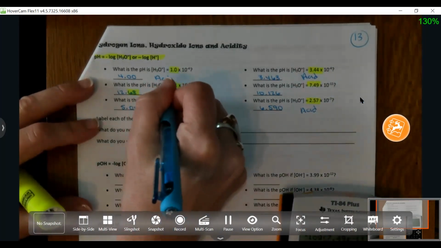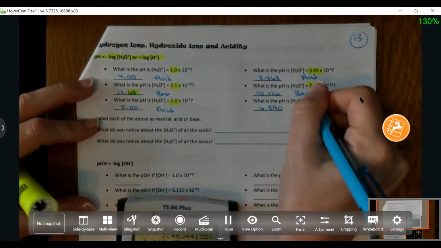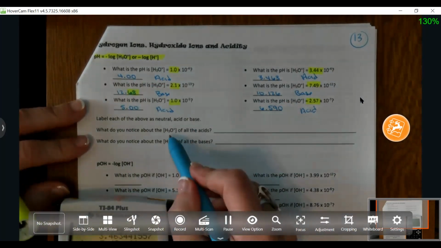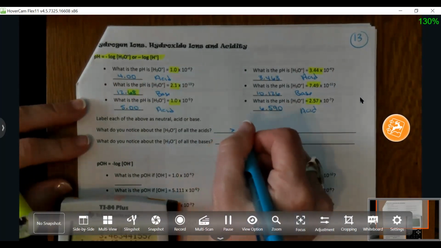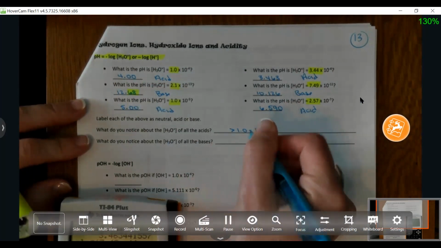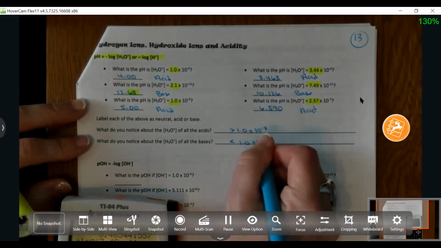So this is a base, and then this one over here is a base. What do I notice about the hydronium ion concentration of all of the acids? It is greater than 1.0 times 10 to the negative 7. And the bases, it's less than 1.0 times 10 to the negative 7.